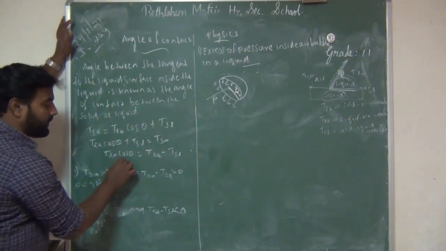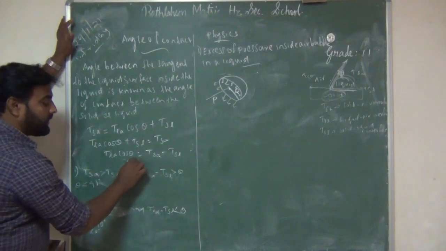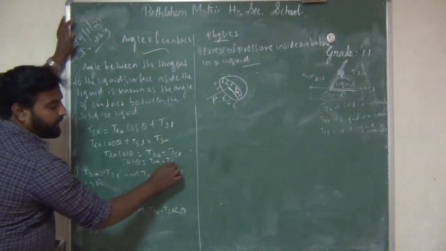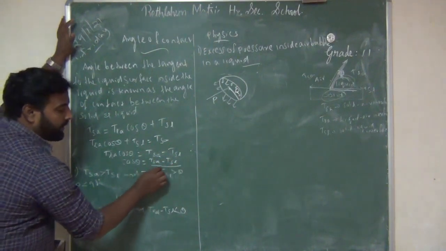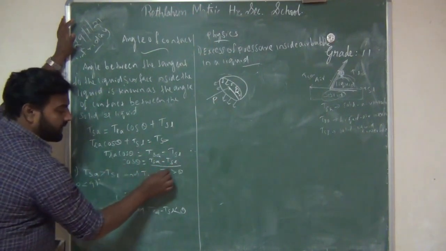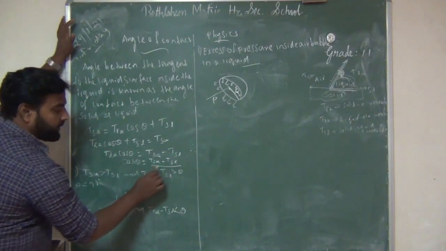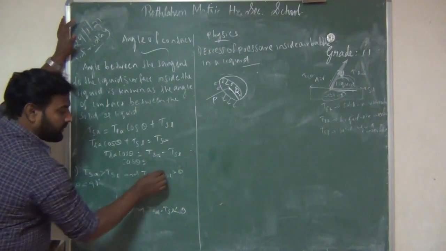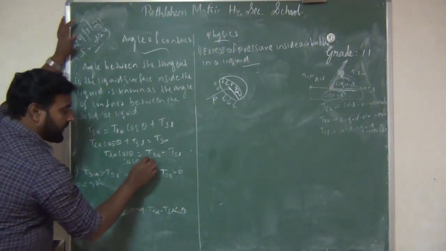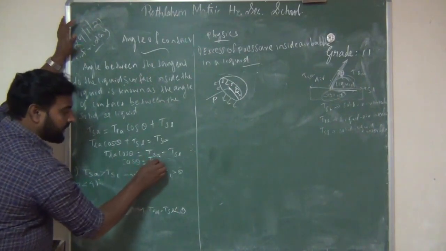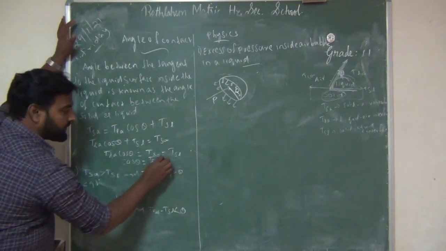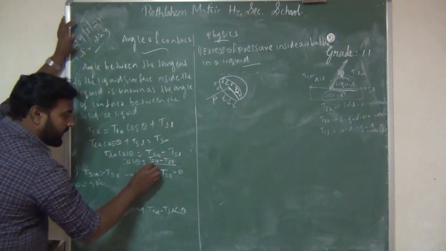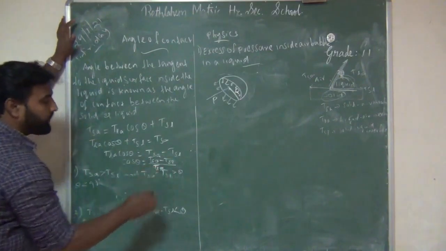So we get cos theta equal to TSA minus TSL by TLA.